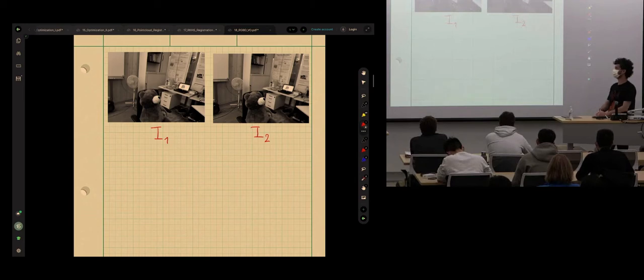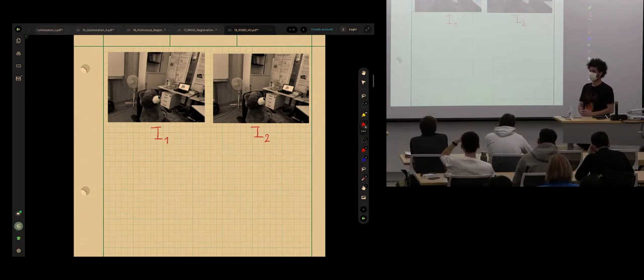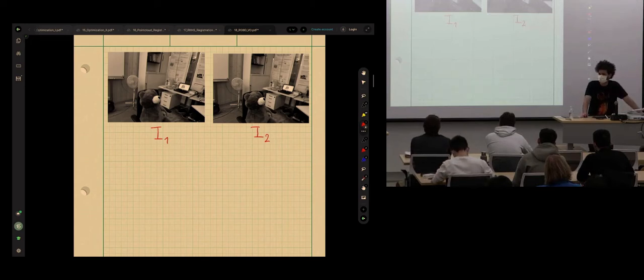What's the constraint here? I need to define my constraint so that I can measure error. If you cannot measure error, you cannot minimize it. If you cannot minimize error, there's no objective function to estimate the variable that you're interested in. So we can work with something that we can measure.